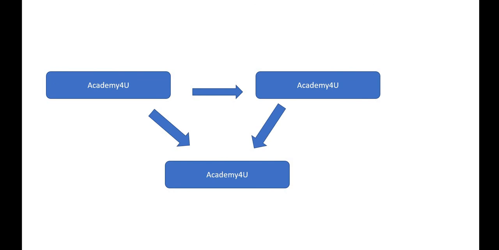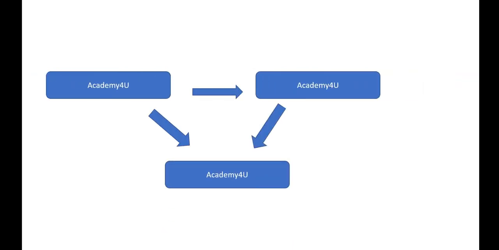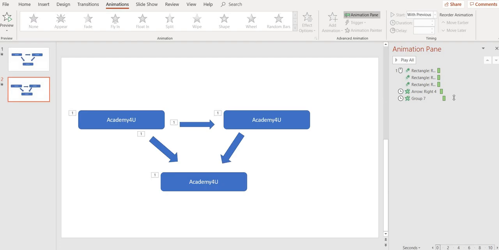You can see those three objects, Academy for You, Academy for You, Academy for You, these three are coming at the same time. You can see it again. Yes, it's coming at the same time. So that's how you can utilize these options of with previous and after previous. With previous means at the same time, and after previous means after your previous object is shown.